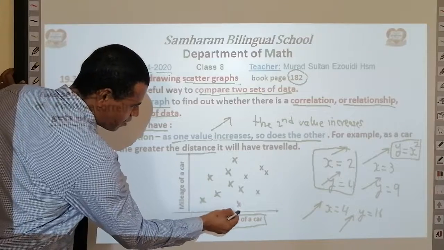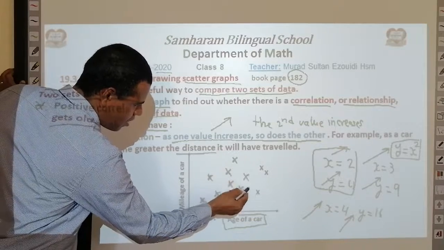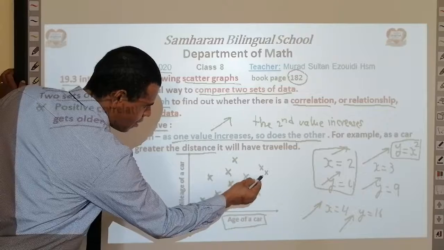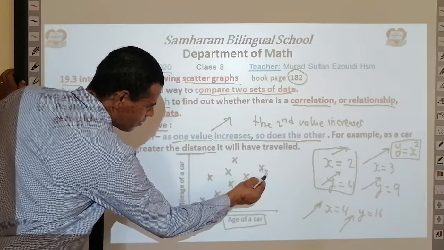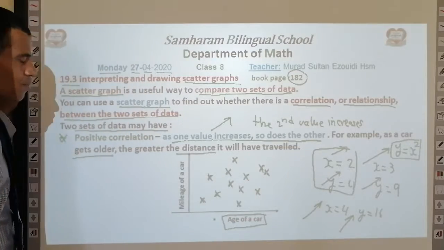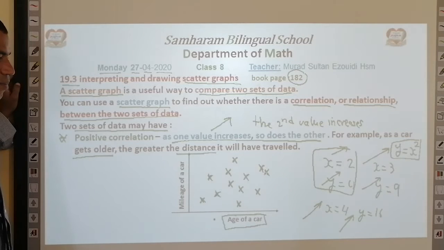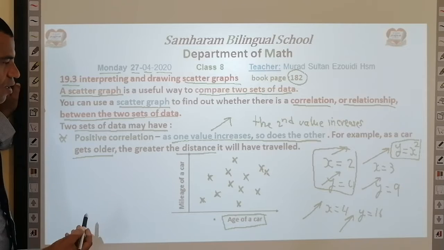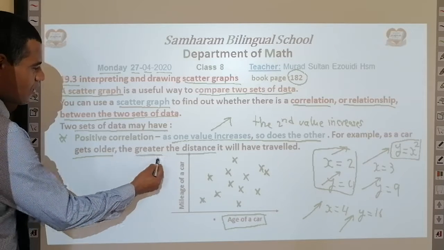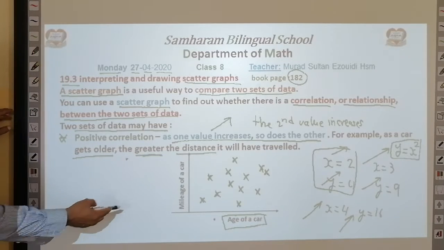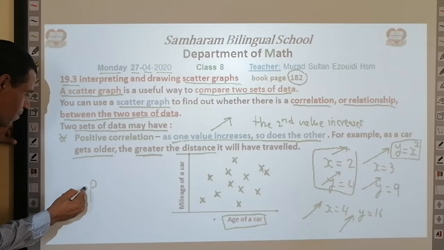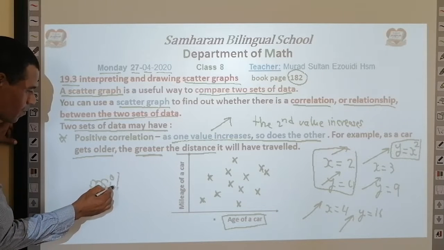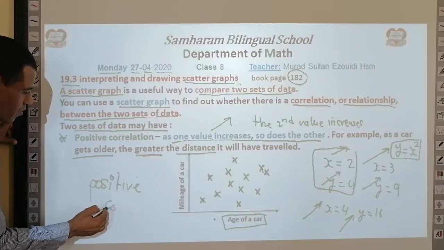Why? Because if your car is older, the distance travelled will be greater. This is called positive correlation.